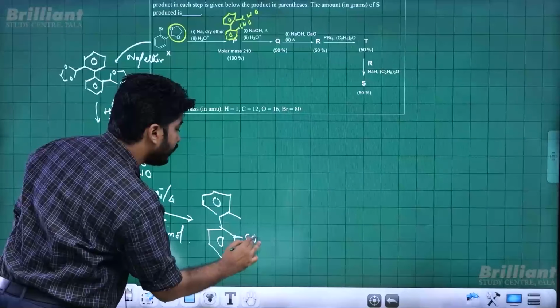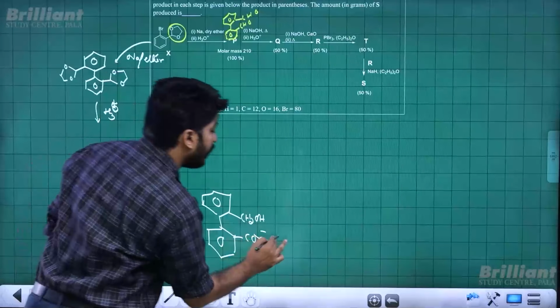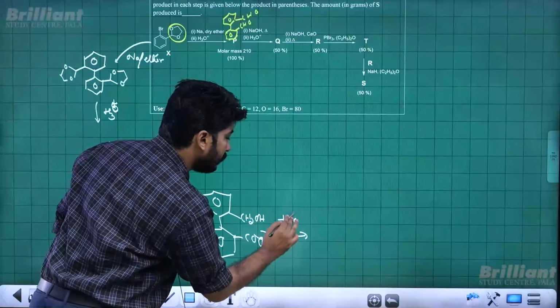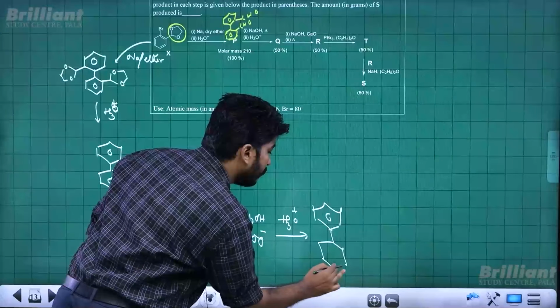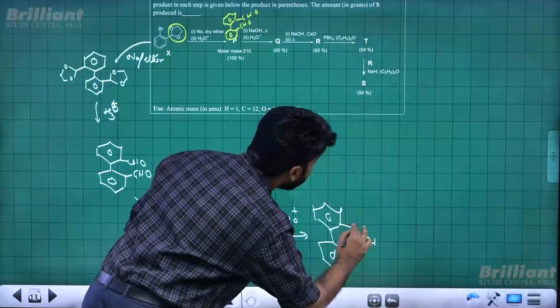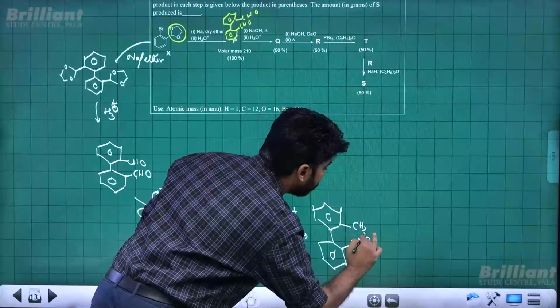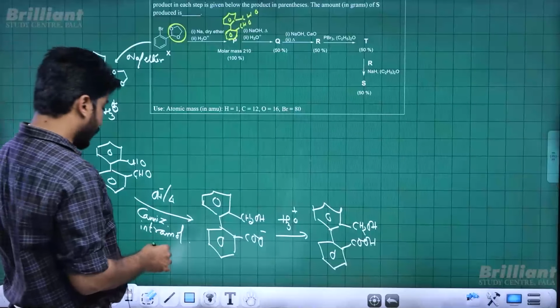First COO minus and CH2OH are produced, and on acidification COO minus becomes COOH, fully protonated. So that is just an intramolecular Cannizzaro reaction. That is the structure of Q.